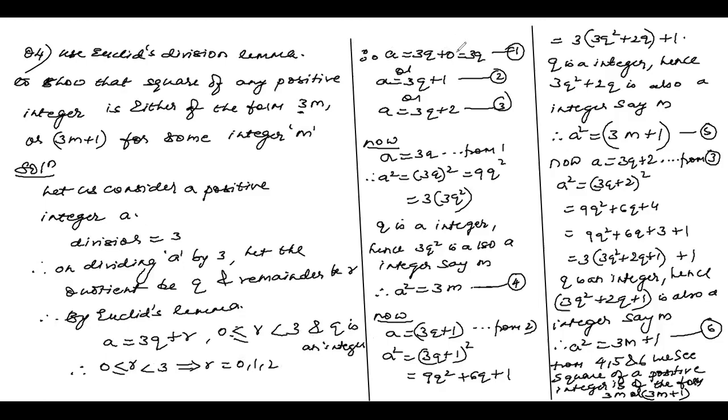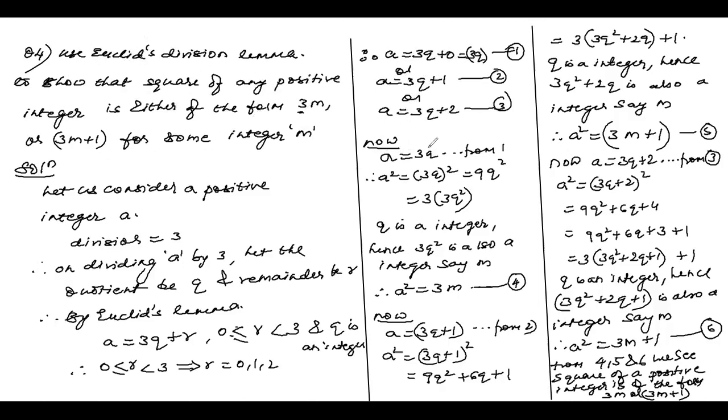Therefore, I realize A's different forms. Therefore, A is equal to 3Q plus 0. That is nothing but 3Q. I call it equation 1. Or A is equal to 3Q plus 1. The remainder 1, I put statement number 2. Or A is equal to 3Q plus 2. So I got this positive integer as 3Q, 3Q plus 1, 3Q plus 2. Now I want to show that the square of any positive integer is of these forms.